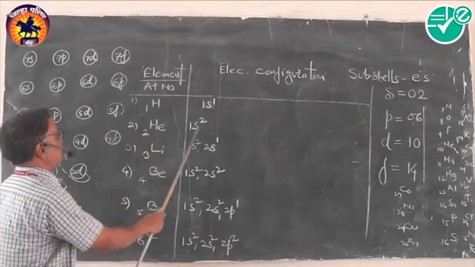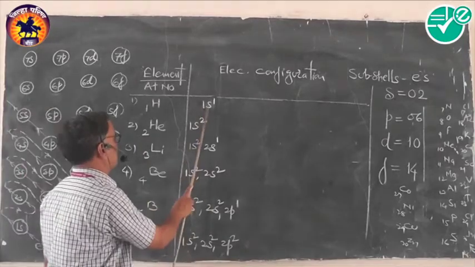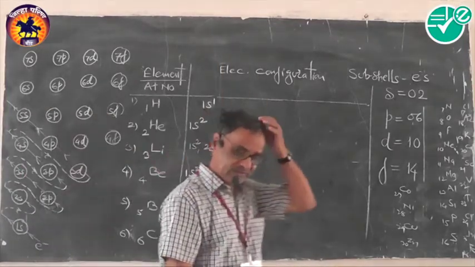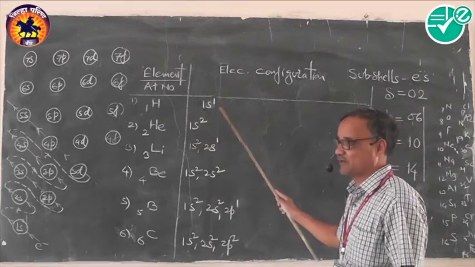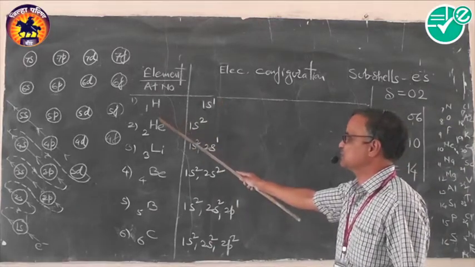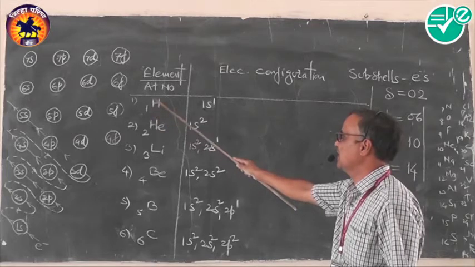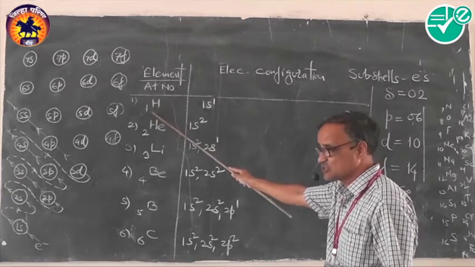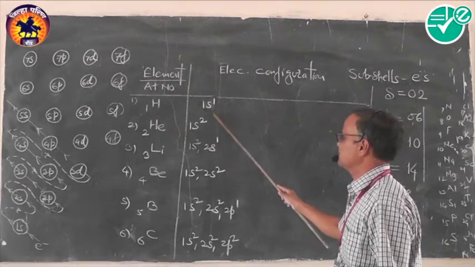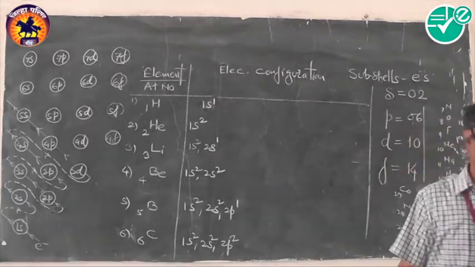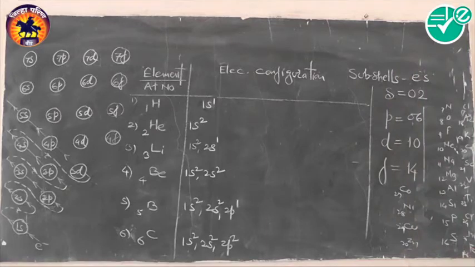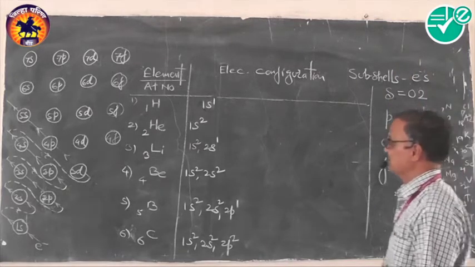So the electronic configuration of hydrogen becomes 1s1. This is the simplest form: atomic number 1, number of electrons 1, electronic configuration 1s1.